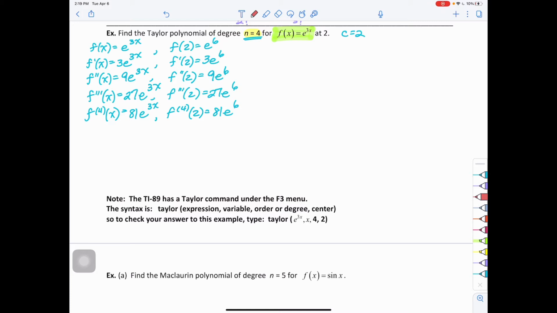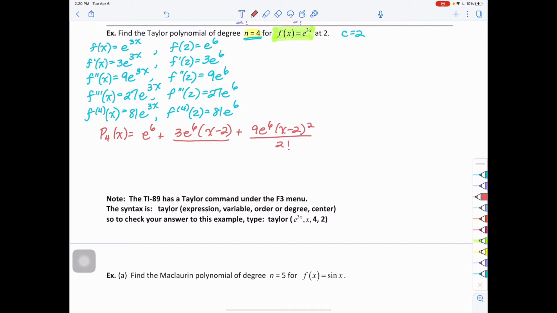Let's go ahead and write the fourth degree Taylor polynomial. It is going to be f of 2 plus f prime of 2 multiplied by x minus 2 all over 1 factorial, of course, plus f double prime, which is 9e to the 6th, x minus 2 squared, all over 2 factorial.